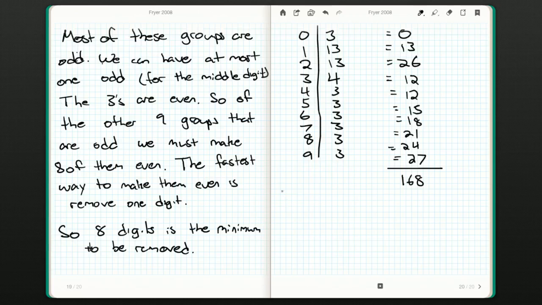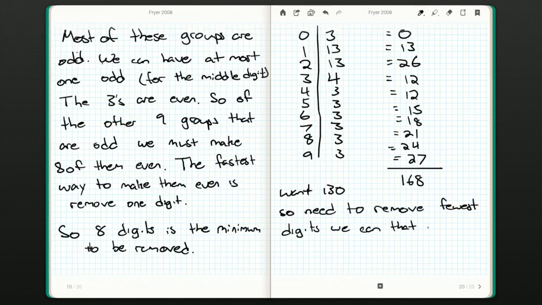We want 130. So we need to get rid of as few digits as possible that add up to 38.